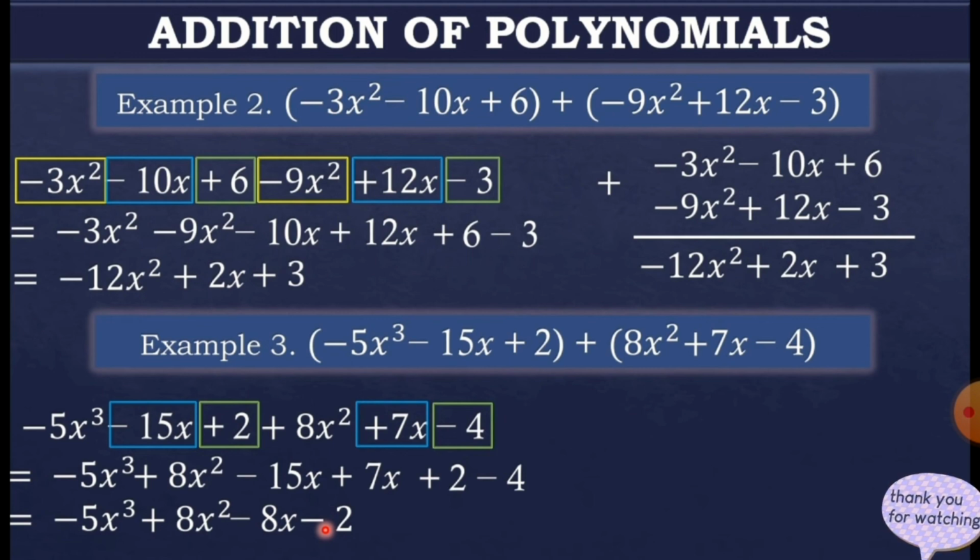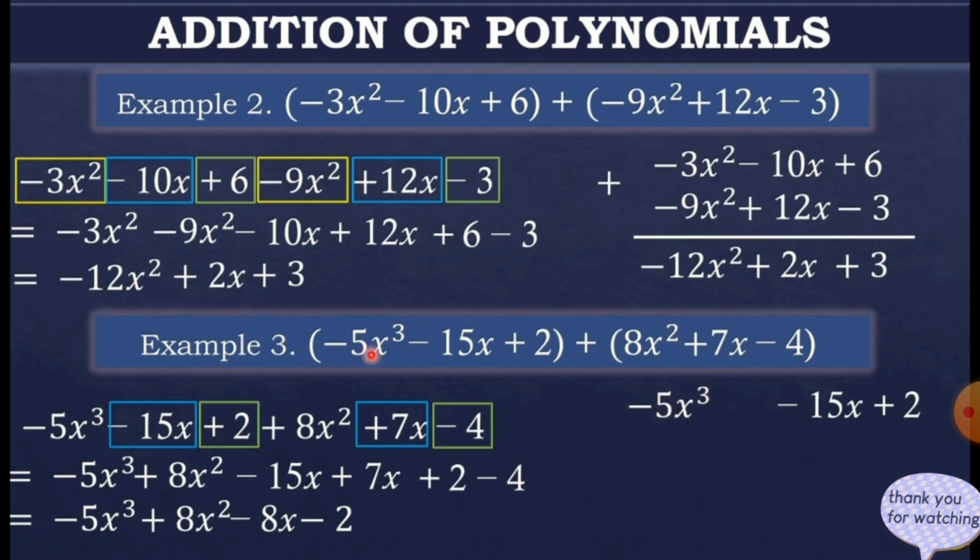For vertical method, so we can have to arrange first expression, right? The first expression. So merong space dito. Why? Kasi kulang, no? Walang x square. So dapat itapat natin yung magkatulad na exponent. So they should be aligned.